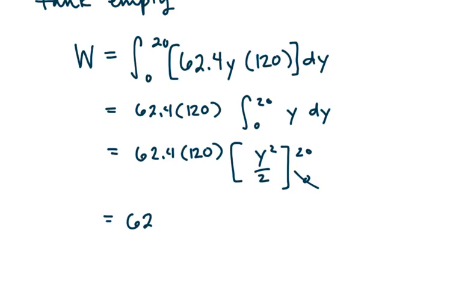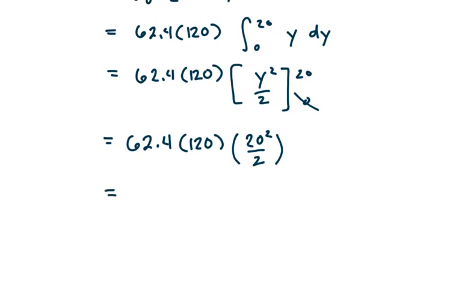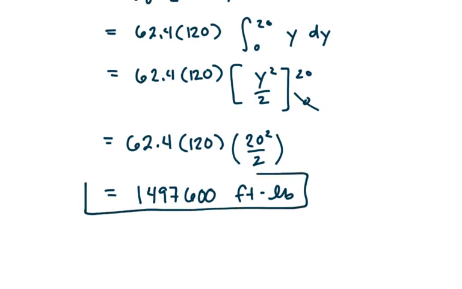So my solution here is 62.4 times 120 times 20 squared over 2. And we get 1,497,600 foot-pounds. That is the work required to empty the tank. So on the next slide, we'll do parts B, C, and D.